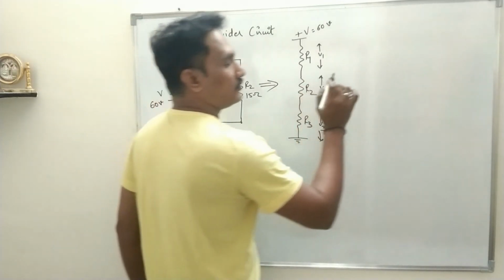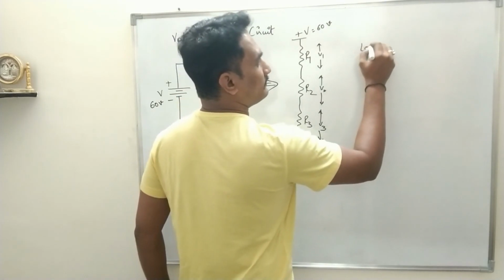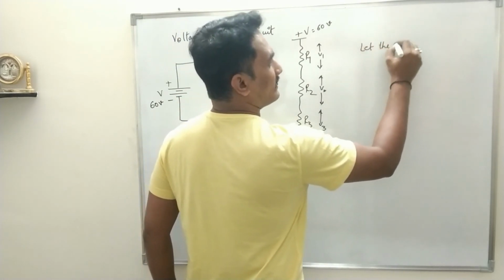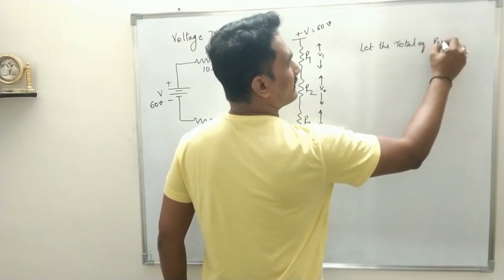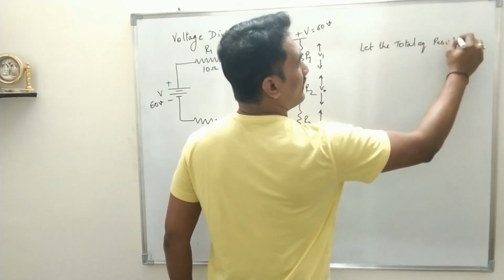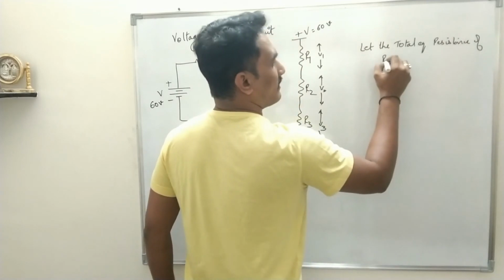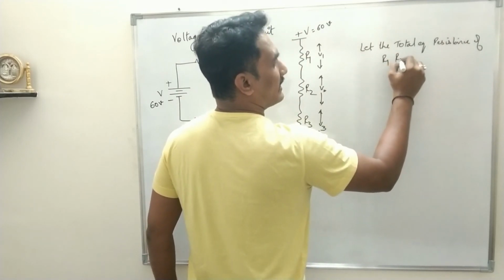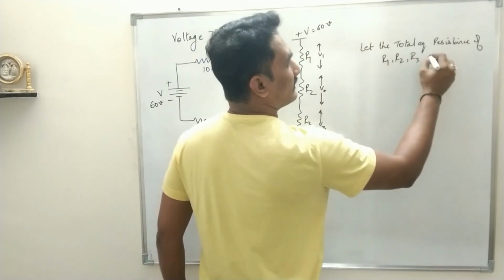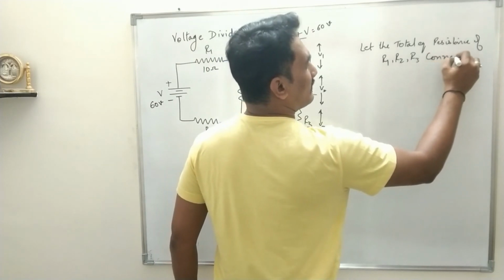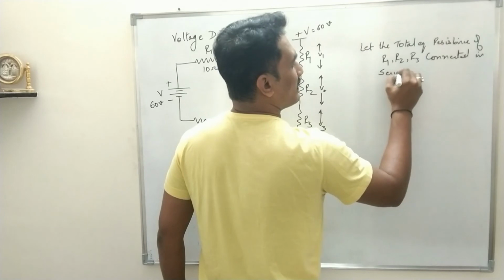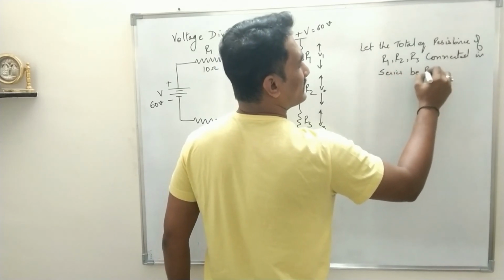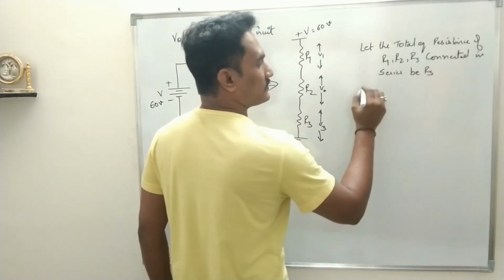So first what we will do is let the total equivalent resistance of R1, R2, R3 connected in series be say RS.